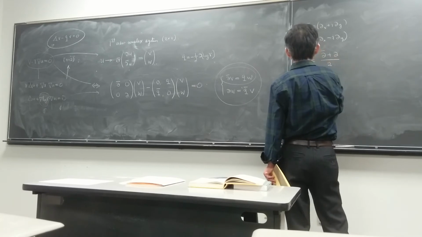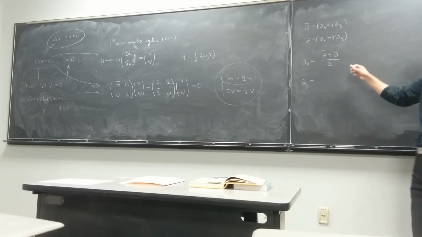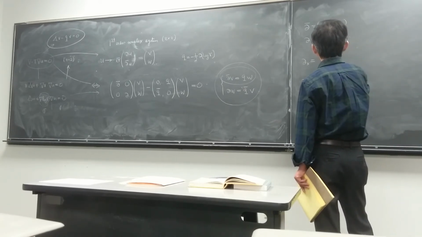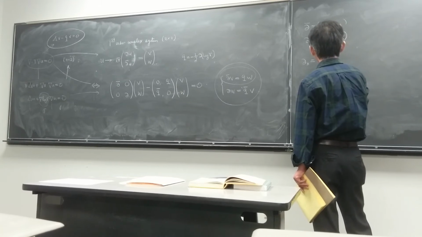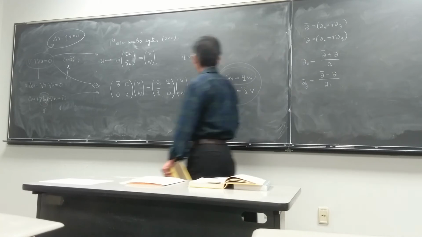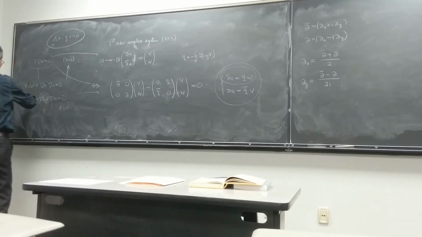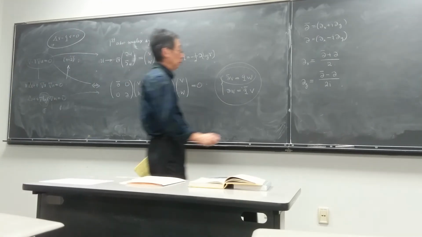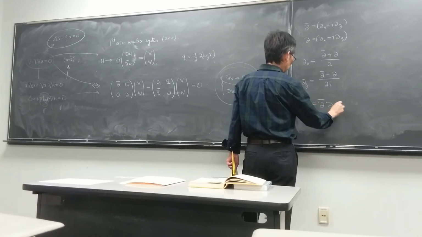Then dy you can do the same way, but dy involves i, so instead we make a subtraction: d bar minus d, divided by 2i. So I use these to substitute the real differential symbols. Particularly, you can see the Laplace is equal to d bar d, or d d bar.